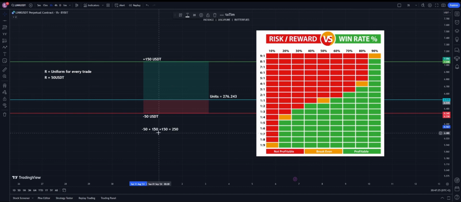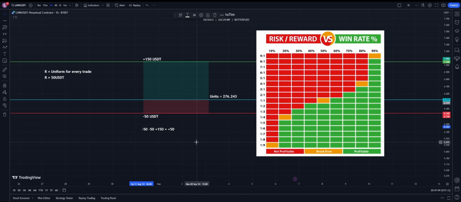So now let's say I'm losing 2 of the 3 trades, I'm still $50 in profit. So even though I only won 1 out of 3 trades, I'm still sitting at a 50 USDT profit for losing 2 trades out of the 3 trades I took.